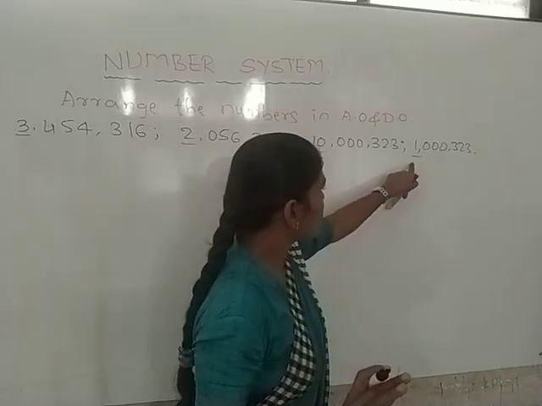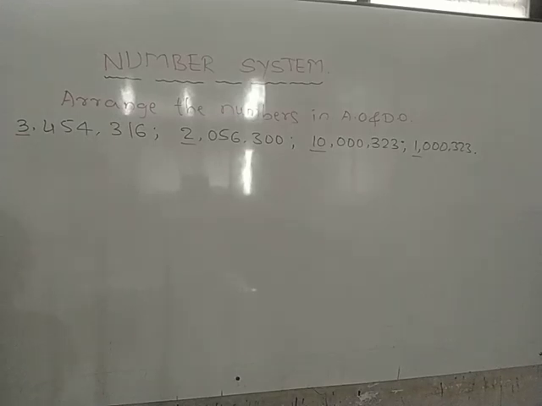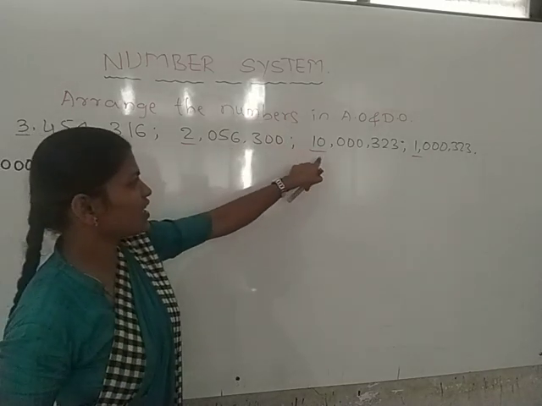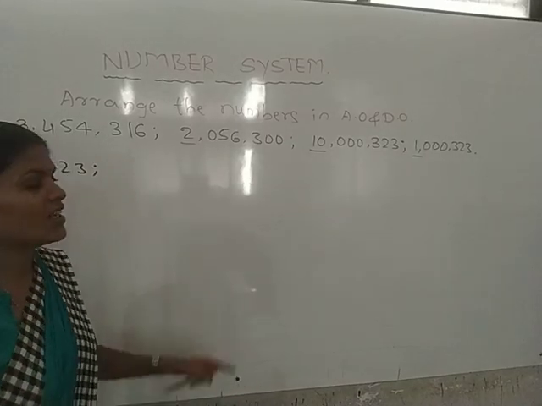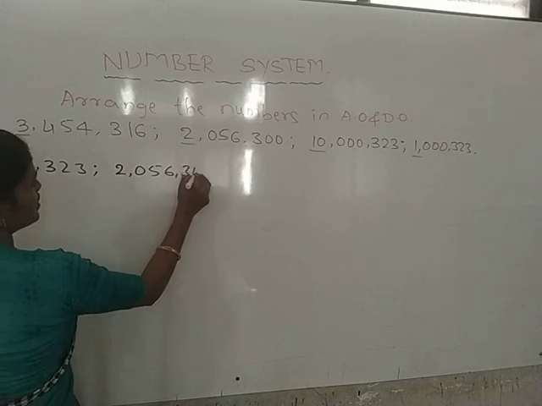Very good. 1 million is the least number here. So first we have to take the least one: 1,323,000. Next, between 3 million, 2 million, 10 million, which one is the least? 2 million. So 2,056,300.